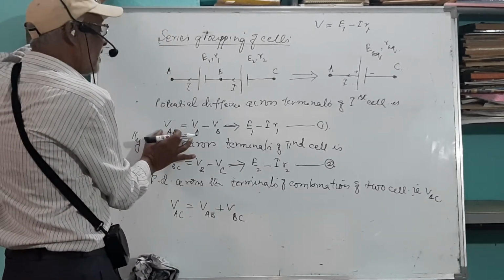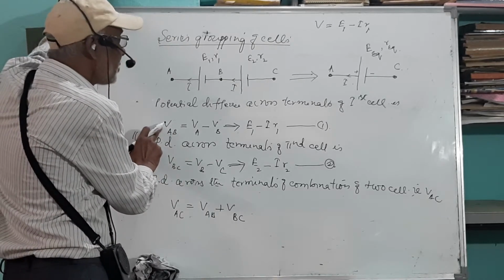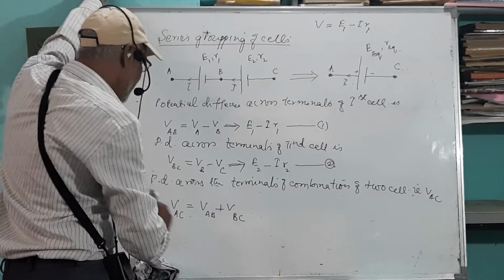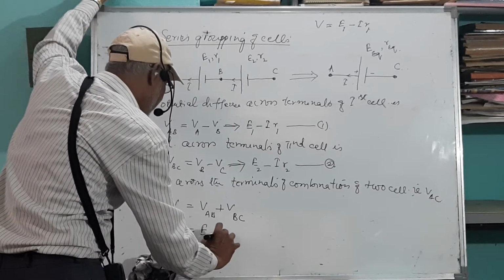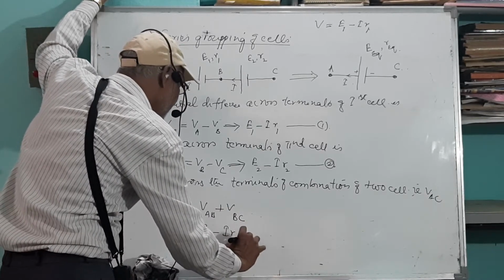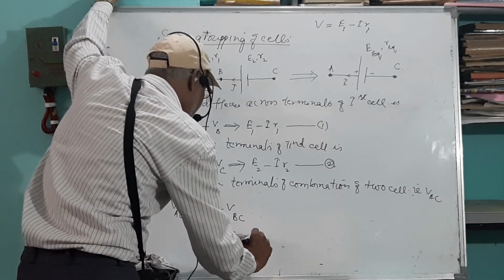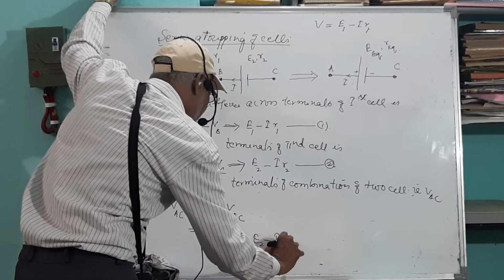So from equations 1 and 2, the potential difference between A and B in terms of EMF is E1 minus IR1, and since there is a plus sign, we write plus E2 minus IR2.